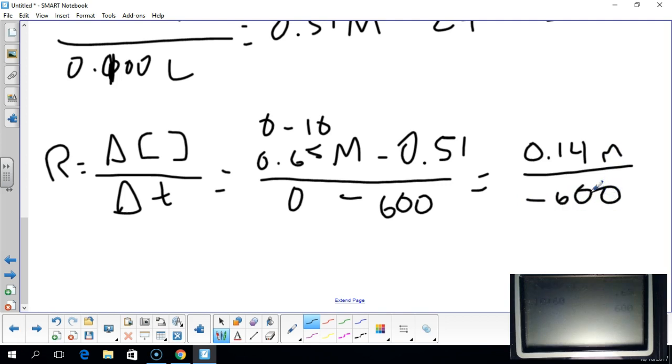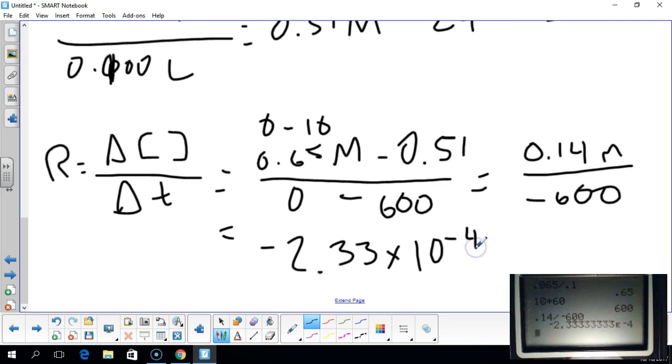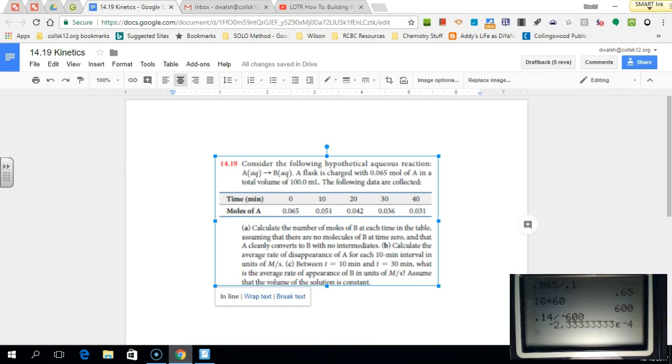So we get a rate equal to negative 2.33 times 10 to the minus 4 molar per second, which is exactly what you were asked for.